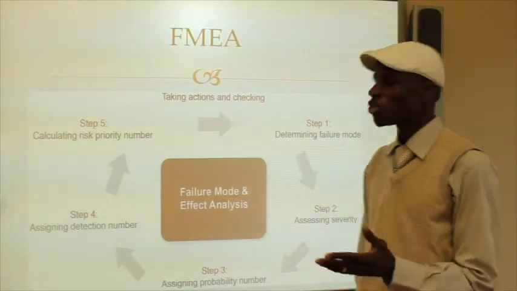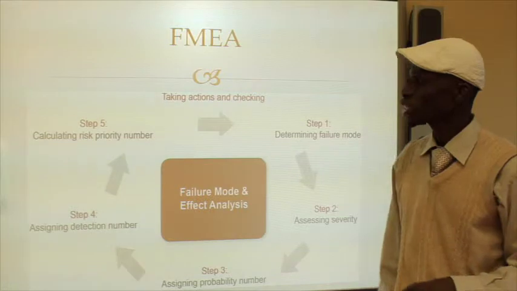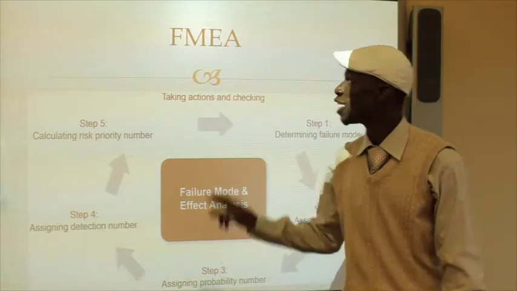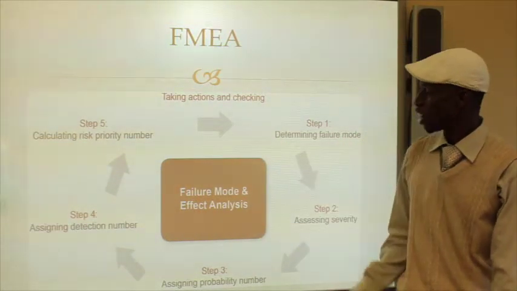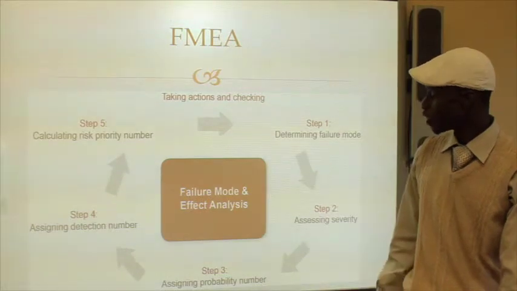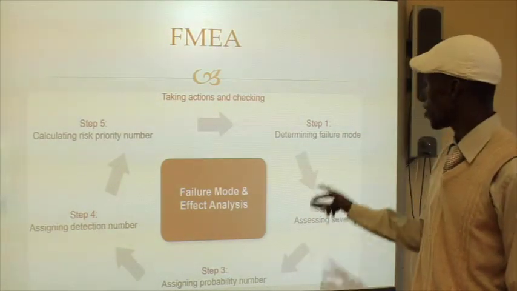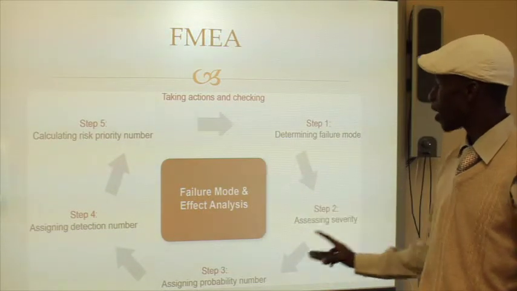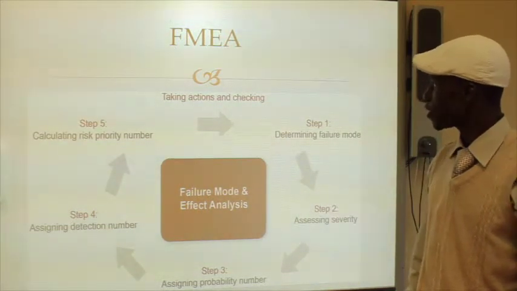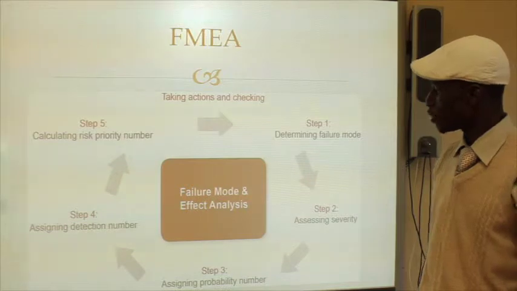Now I'm going to talk about the last tool that was used, which is the FMEA, and it stands for failure mode and effect analysis. And here, as you can see, there are 5 steps for the FMEA.